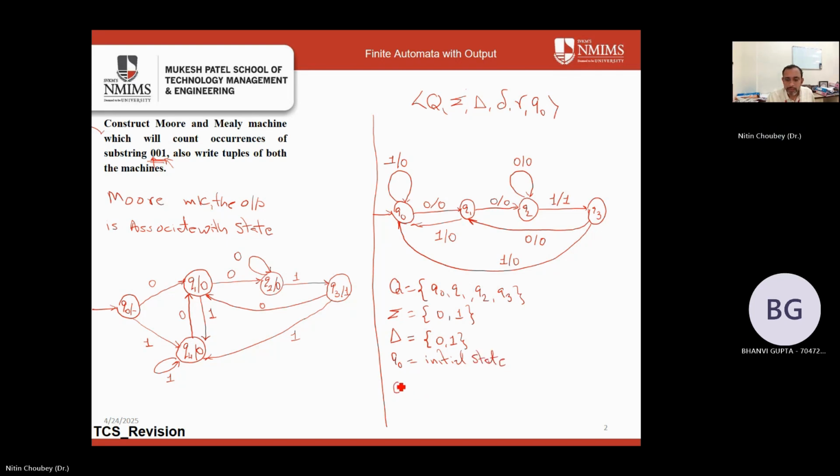Delta, the transition function, is a mapping of Q cross summation gives Q. Is this clear?